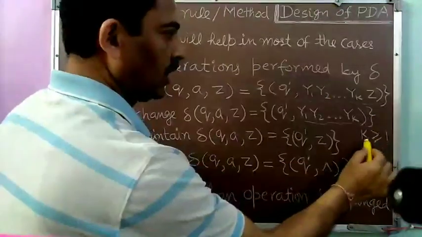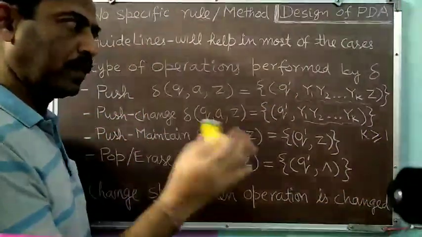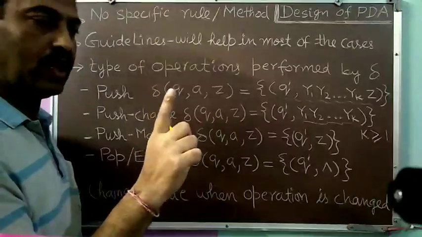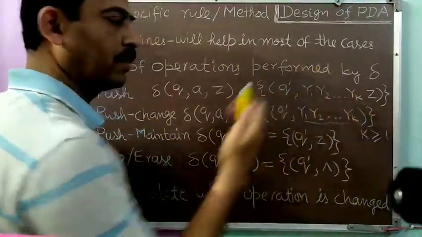If k is equal to 1, the length of the string over the push-down store will be the same, but the string will be changed because Z is removed and in place of Z something else has come.